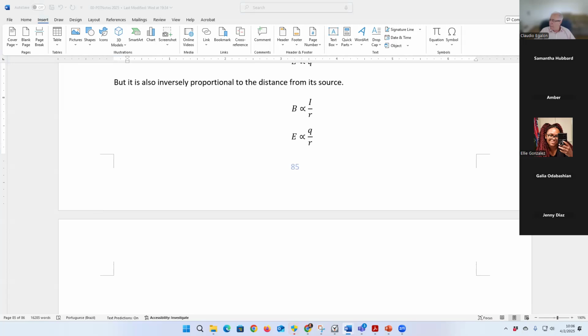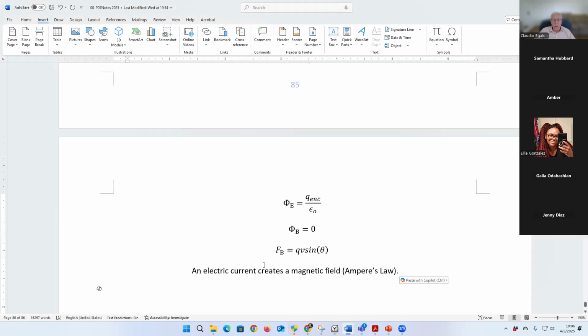And now we have the following laws. Here the electric flux is proportional to the charge enclosed by an imaginary surface divided by epsilon naught. The flux of the magnetic field is always equal to 0, no matter what.